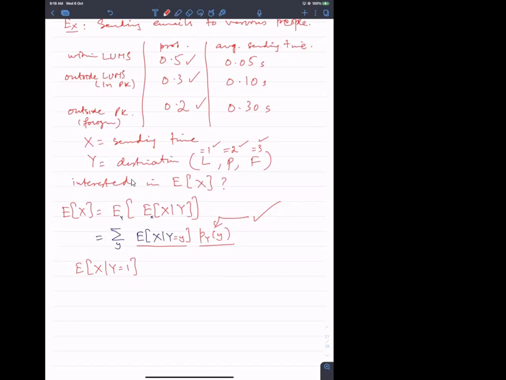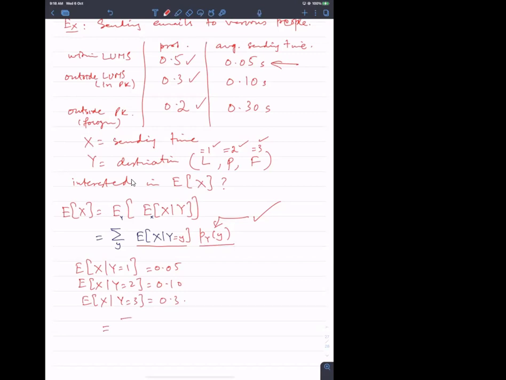That is also given: it is 0.05 seconds. Expected value of x given y equal to 2 is 0.1, and expected value of x given y equal to 3 is 0.3. So we have all of these.